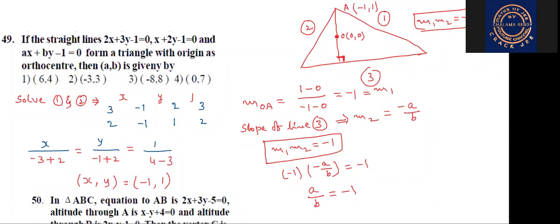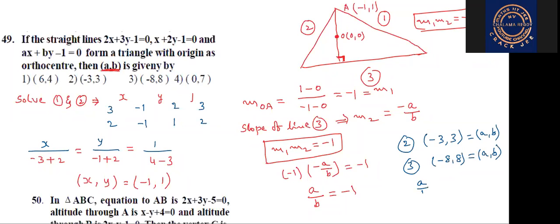Here see that a comma b are ordered pairs given in the options. A divided by b: which option is correct? The second option, -3 comma 3, as well as the third option, -8 comma 8, are both possible. Then what is a by b?